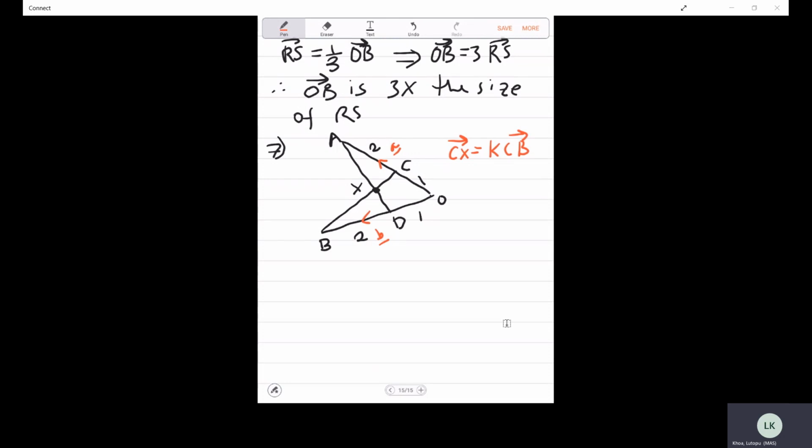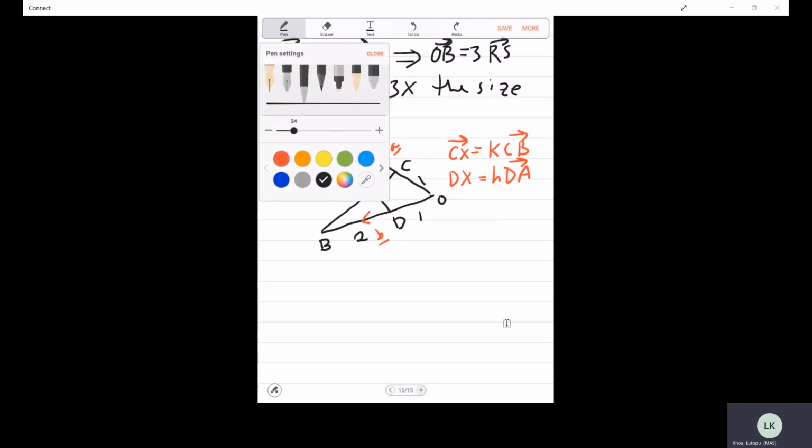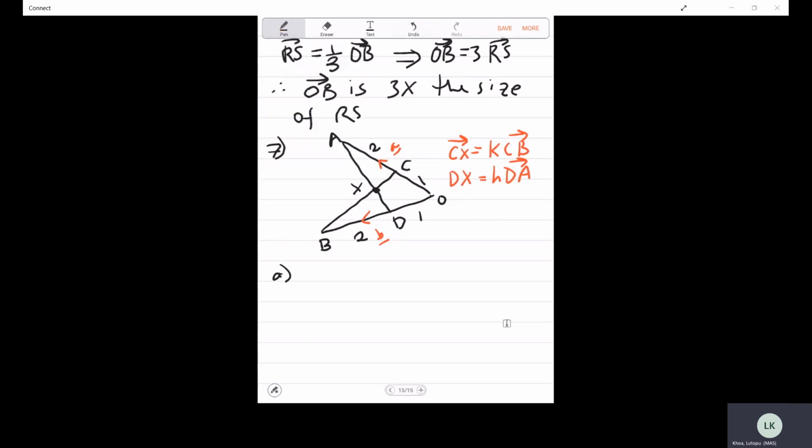And we're also told that DX is equal to h of DA. Then we have to write in terms of A, B, h, and k the following vectors. So we start with OD, the vector from O to D.